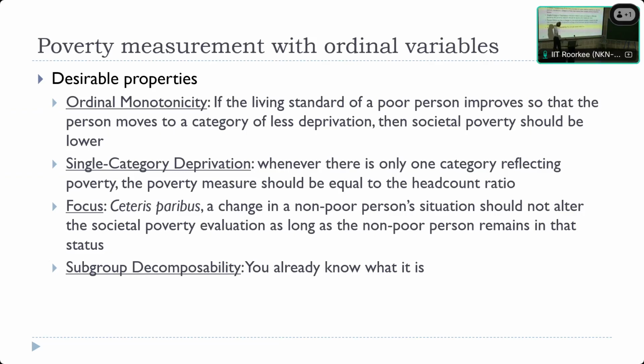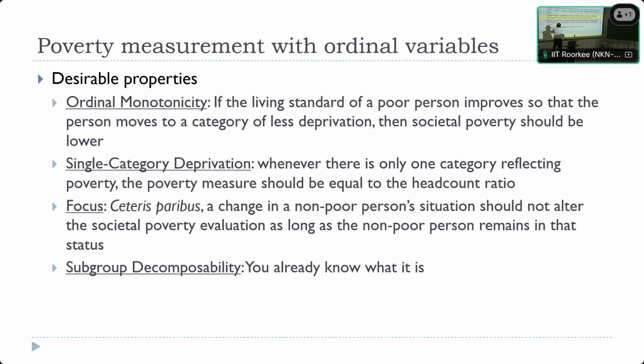Ceteris paribus, that means everything else unchanged. A change in a non-poor person's situation should not alter societal poverty evaluation as long as the non-poor person remains in the same status. So again, if a non-poor person's situation changed, the person doesn't become poor, poverty evaluation should not change. Which makes sense, right?